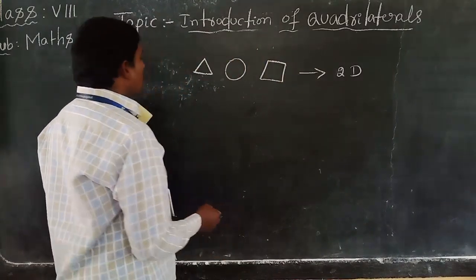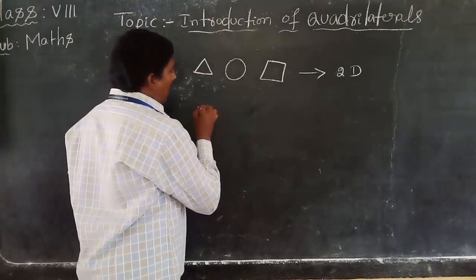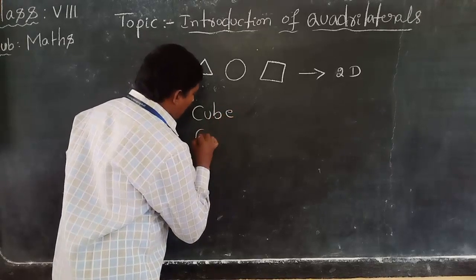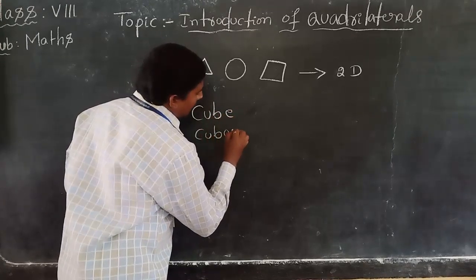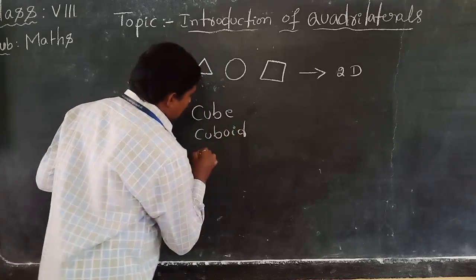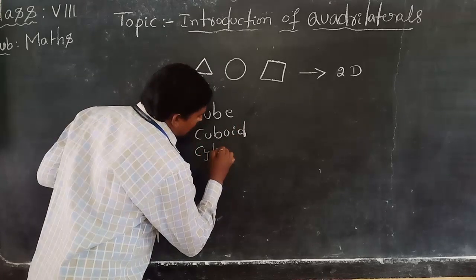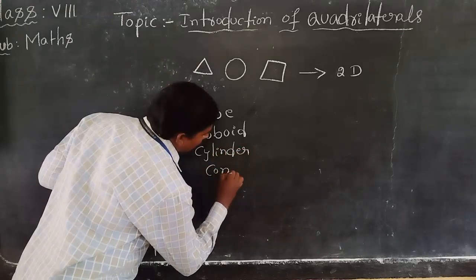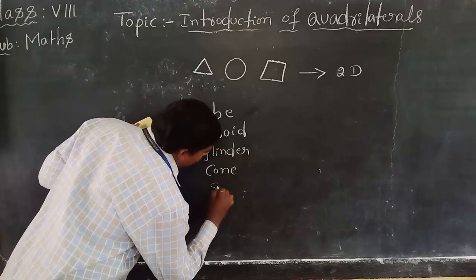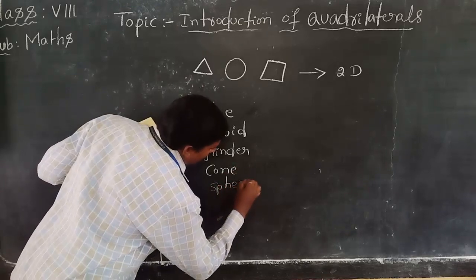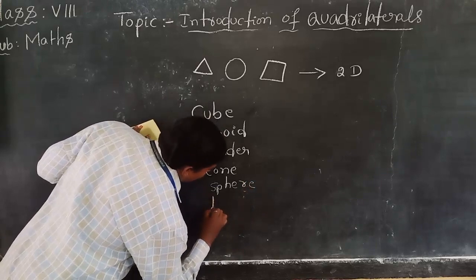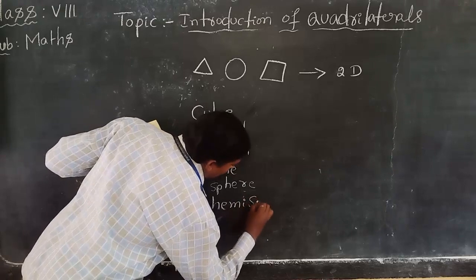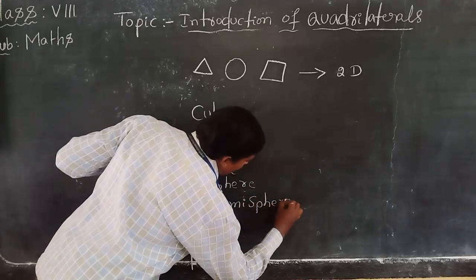Next, cube or cuboid, cylinder, cone, sphere, hemisphere, and so on.